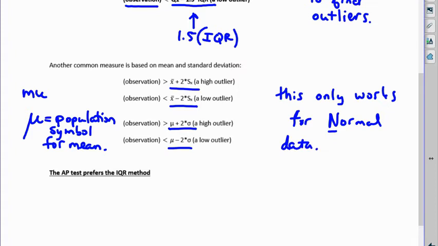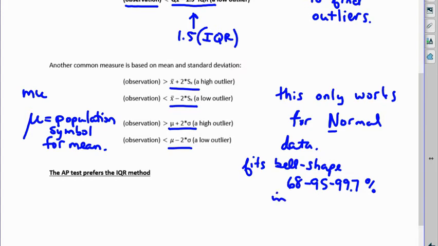Normal data is data that not only fits the bell shape, in addition to fitting the bell shape, it fits into a perfect percentages of, well, not perfect, nothing's perfect, nearly 68, 95, 99.7% in the graph intervals.